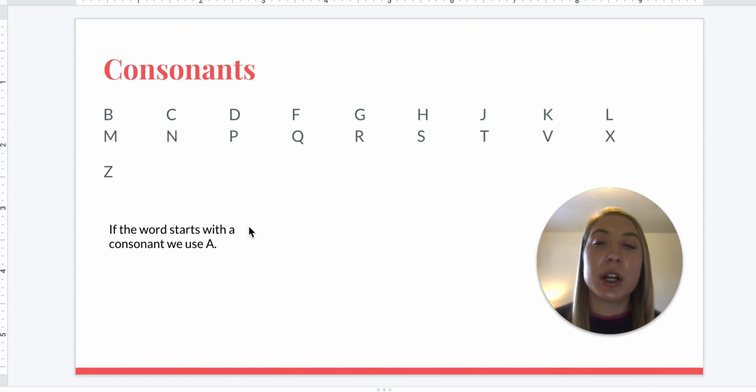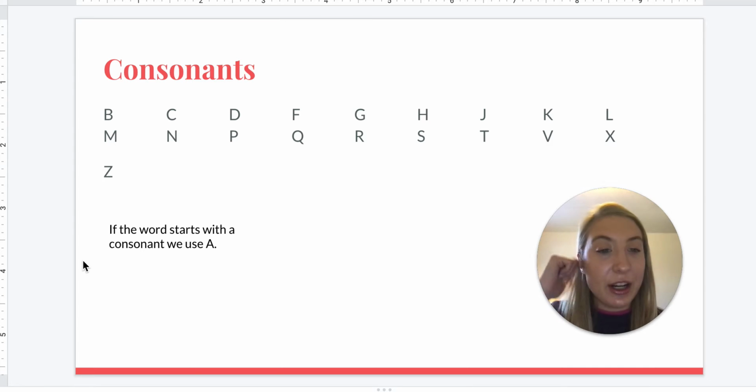So if we see a word that starts with a B, C, D, F, G, H, J, K, L, M, N, P, Q, R, S, T, V, X, Z, and Y, because usually at the beginning of a sentence, Y is going to represent a consonant, but we have to remember that Y is sometimes a vowel as well. Then we use the letter A.